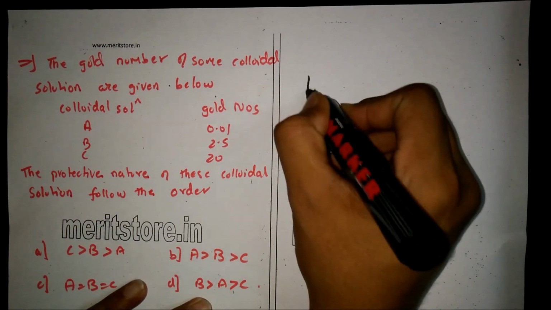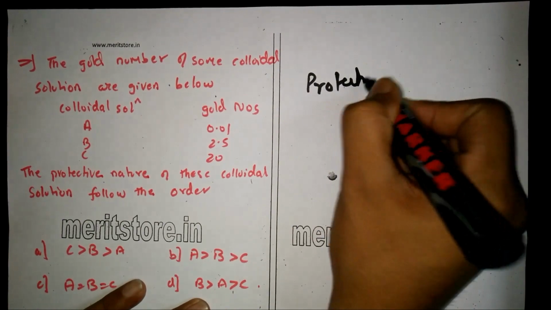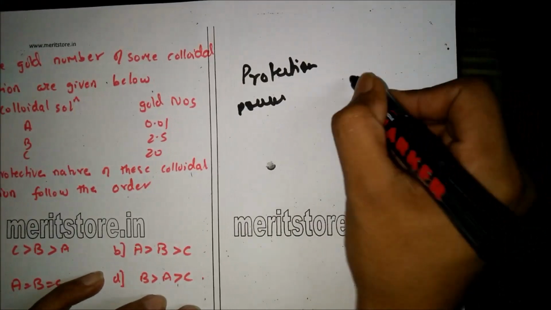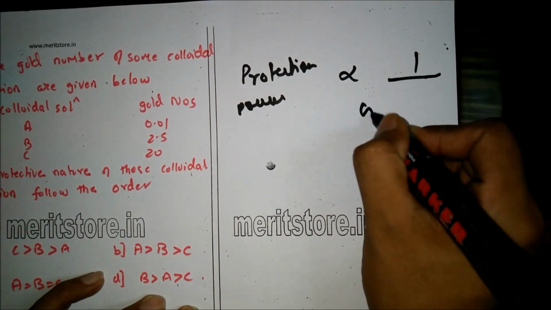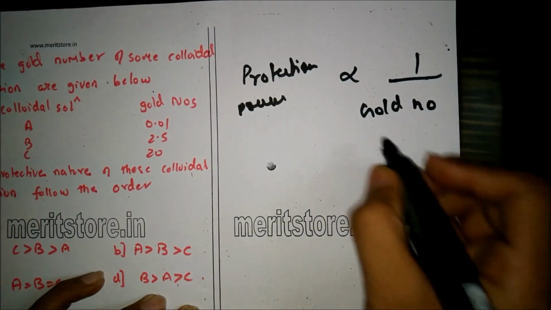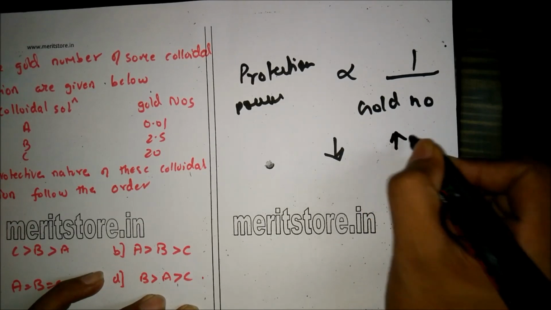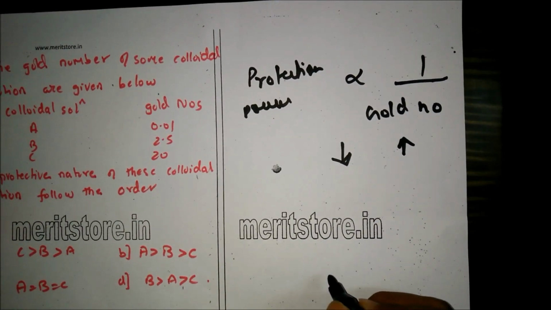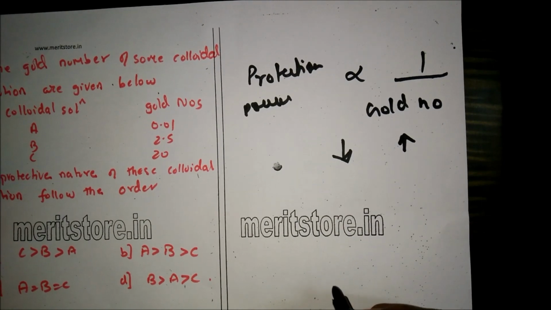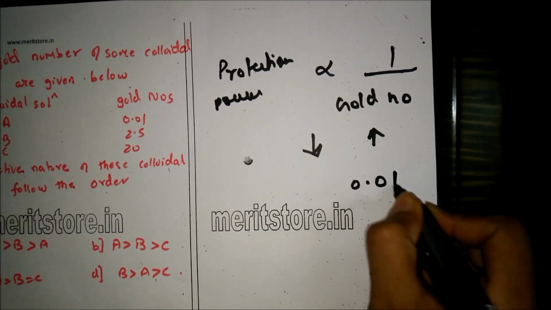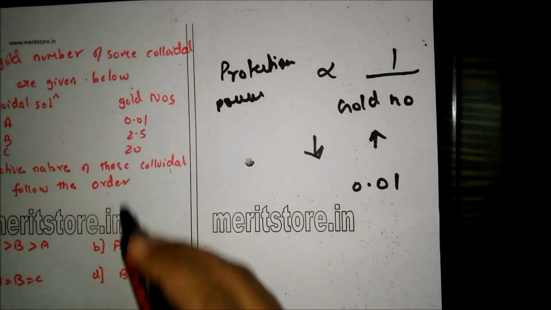Now, we know that protection power is inversely proportional to the gold number. Therefore, if the gold number is less, protection power is more. Now, here the gold number of A is 0.01, which is the least of all three.